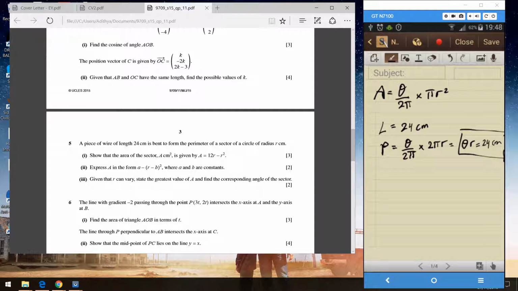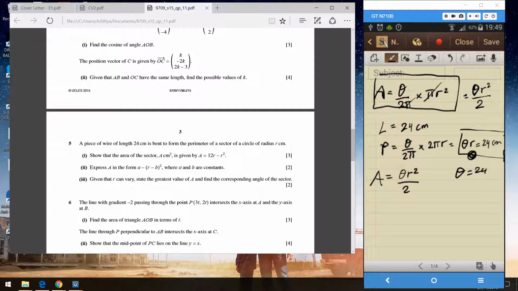And now we use the equation that we formed previously. Let's simplify that equation first. Here the pi cancels, so we have theta r squared divided by 2, and that's equal to the area. We have the information from the other equation that theta is equal to 24 divided by r.